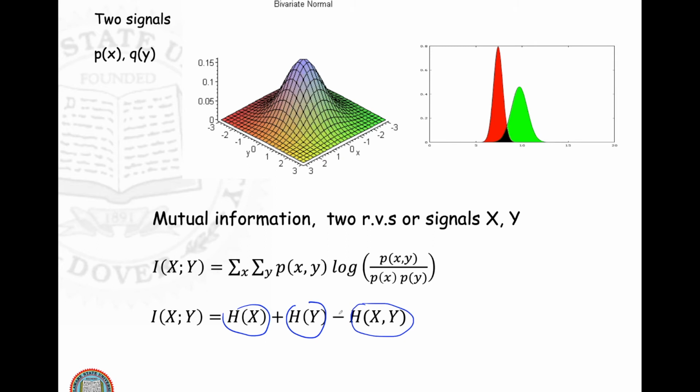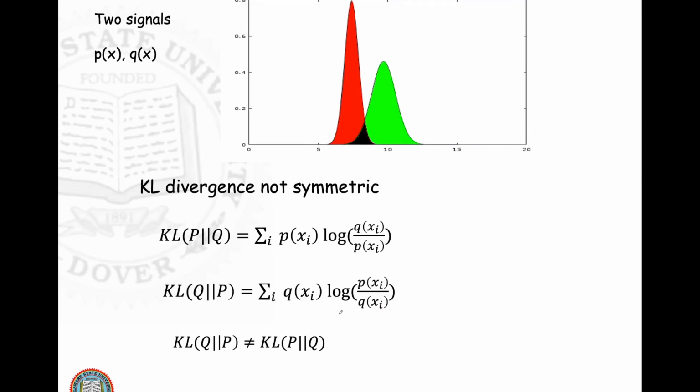Okay. And so the KL divergence is not symmetric. If you were to write the KL divergence and swap the parameters, KL divergence of P with Q is not the same as the KL divergence of Q with P. Of course, the left-hand parameter is always on the denominator, and the right-hand parameter is always in the numerator.